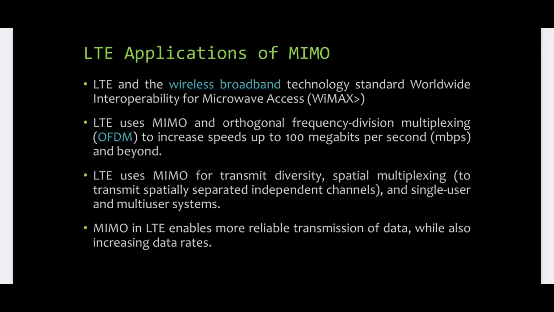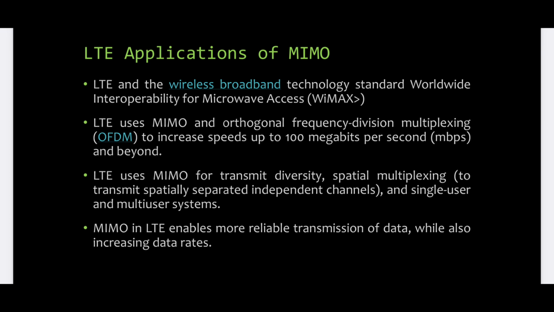Here are some LTE applications of MIMO. LTE and the wireless broadband technology standard Worldwide Interoperability for Microwave Access use MIMO and orthogonal frequency division multiplexing to increase speeds up to 100 megabits per second, or Mbps, and beyond. LTE uses MIMO for transmit diversity and spatial multiplexing to transmit spatially separated independent channels, in single user and multi-user systems.